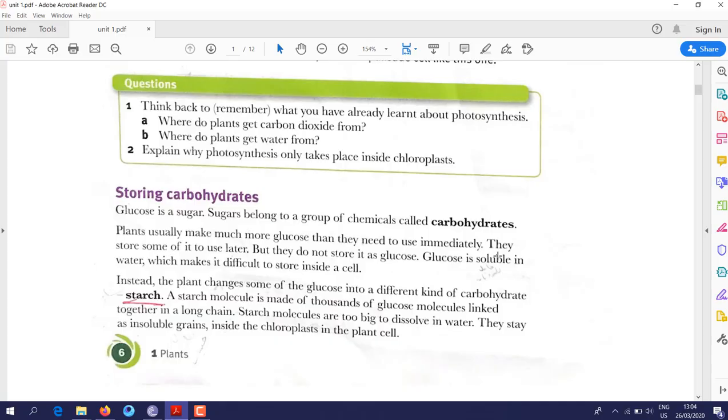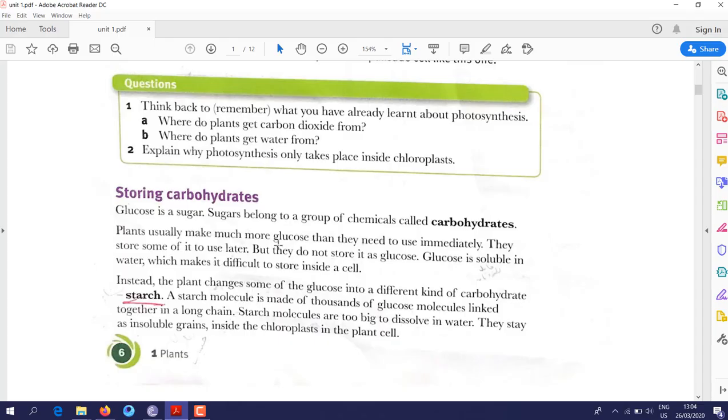Okay, part 2. Now, when a plant makes sugar or food for itself, usually plants make more than what they need. So it will use some of the sugar and the extra will be stored.